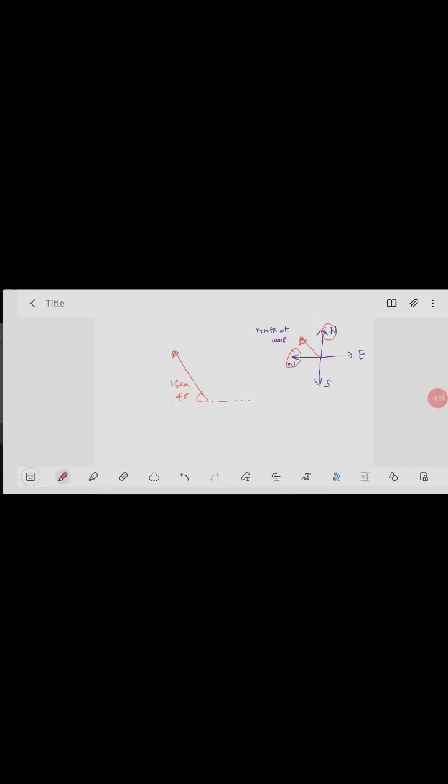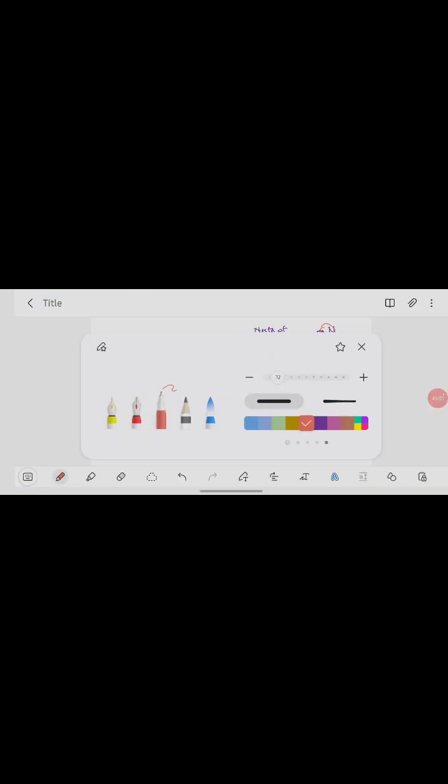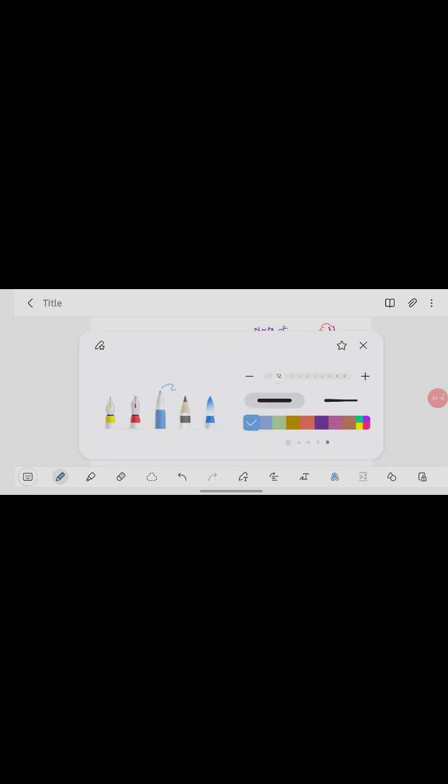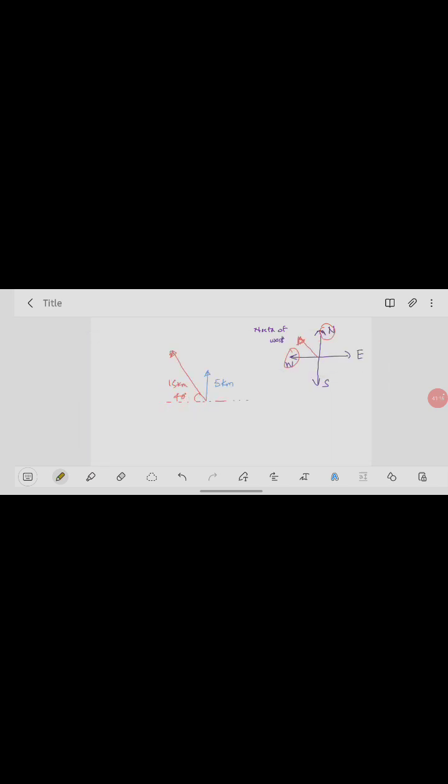How far, in what direction would you have to walk to reach your camp? So they are saying the only way is if you move towards the north 5 kilometers.